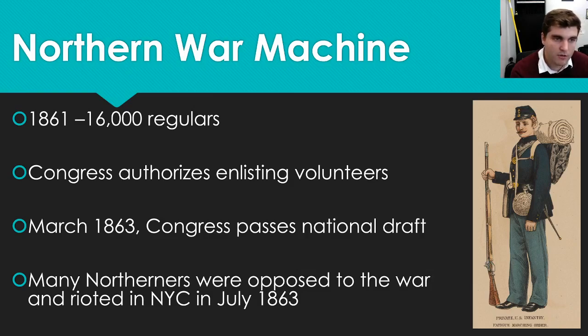Based on that number, Congress authorized the enlistment of volunteers. And then following that, in March of 1863, Congress actually passed a national draft. Following this national draft, many Northerners began to riot. There was a riot in New York City in July of 1863 in which 100 rioters died.